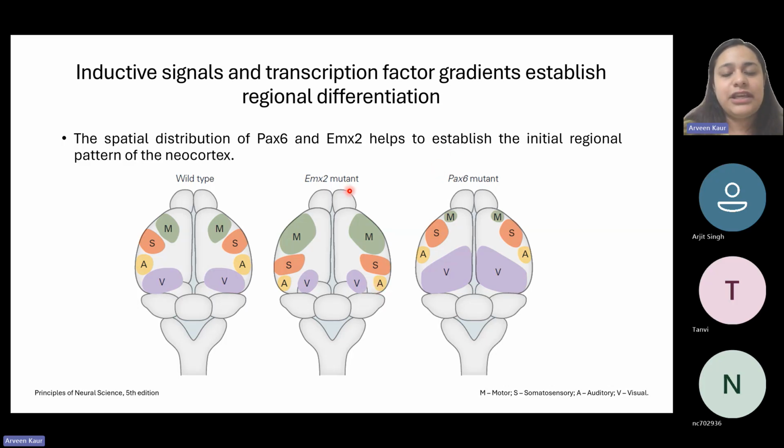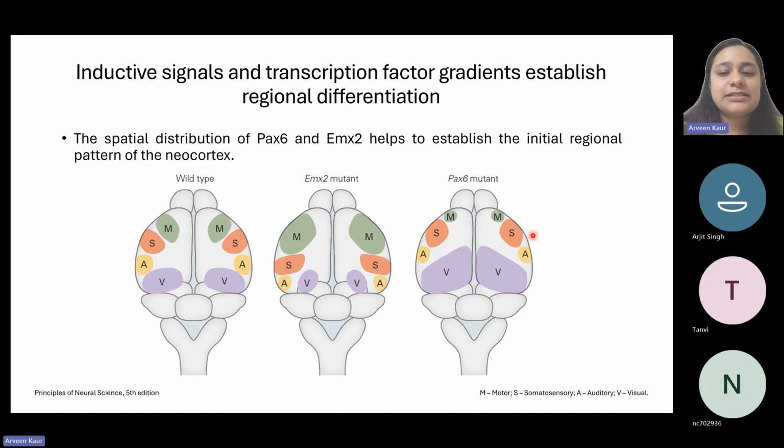Similar to this, if there was a PAX6 mutant, right, it would just be a reverse situation. Over there, this EMX2 transcription factor, which is expressing on this end, the effect of the gradient will still function, wherein the PAX6, if it had been present, would have overpowered it.